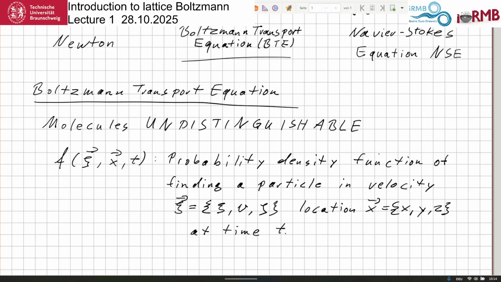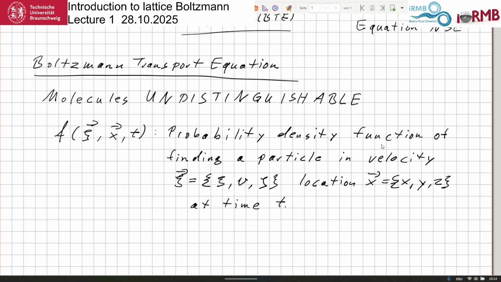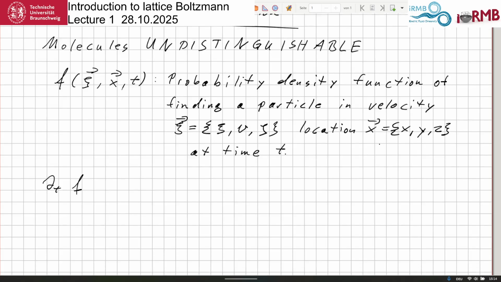We have a probability of finding a particle, and for this we have the Boltzmann transport equation that was written up there, and I will rewrite it here. So we have a change of this probability. This is what we call kinetic. Kinetic has many meanings, but what they always have in common is that it is a change, a dynamic, changing from state to state.